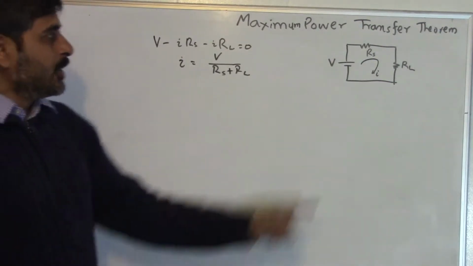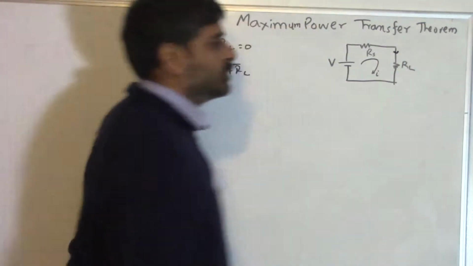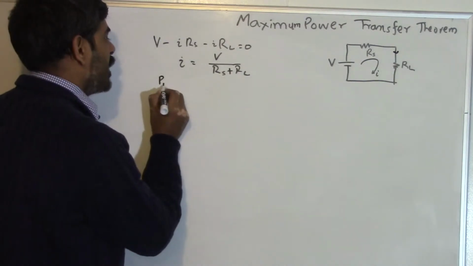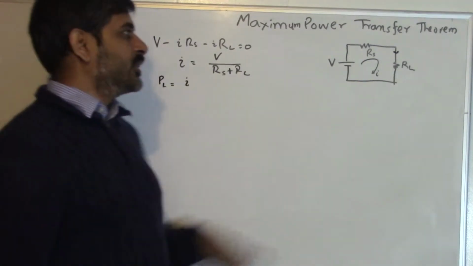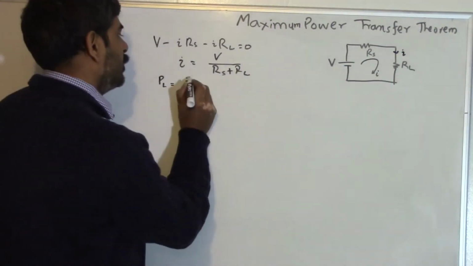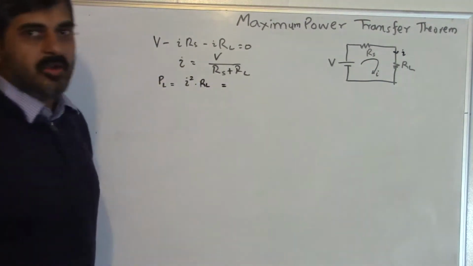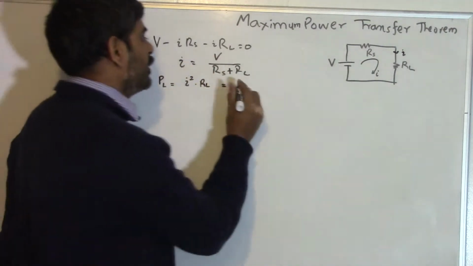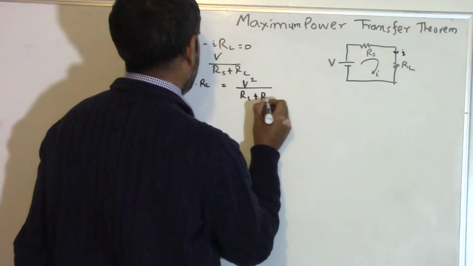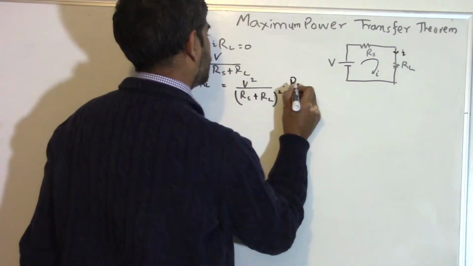This is also the current flowing in RL, so the power delivered to the load, let's call it PL, will be equal to I squared multiplied by RL. We can substitute the value of I that we found, so PL is V squared divided by RS plus RL whole squared, multiplied by the load resistor RL.